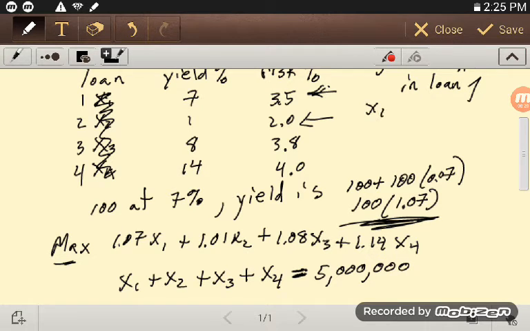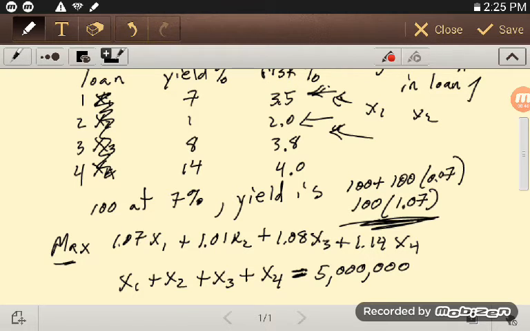So I've got x1 there, x2 down here. My total is x1 plus x2.